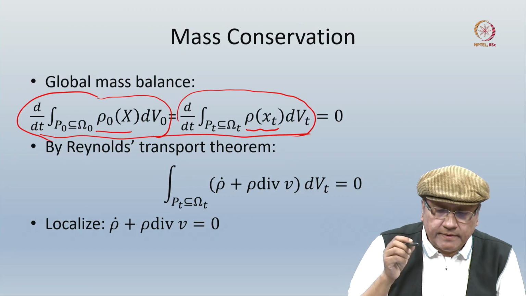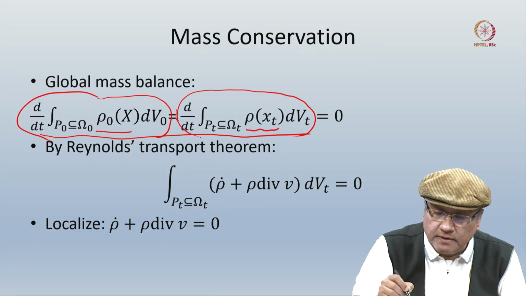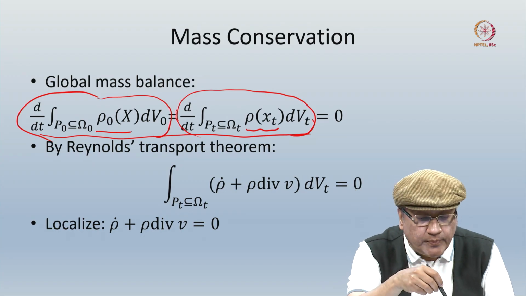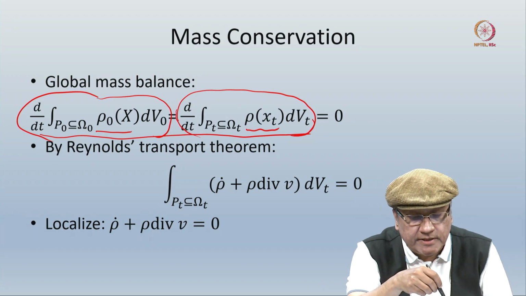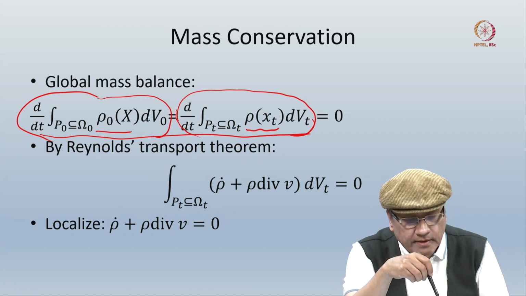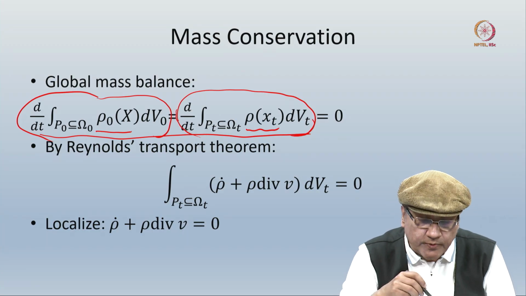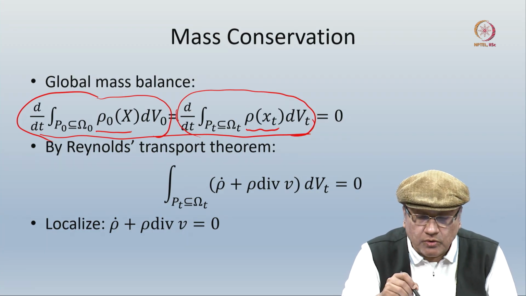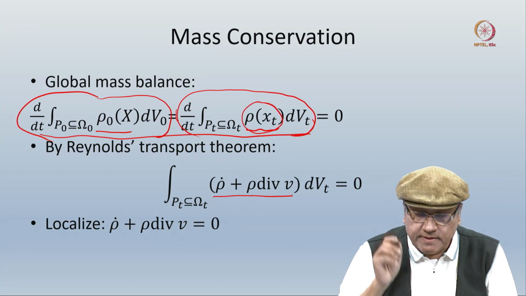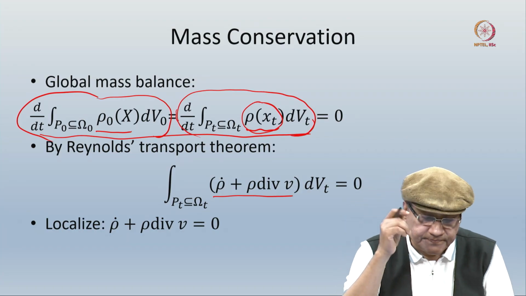Now on this particular integral you apply the Reynolds transport theorem, that is, bring this time derivative d/dt inside this integral. To do that, we need to replace this rho of x,t by this quantity as indicated here, as was just discussed.